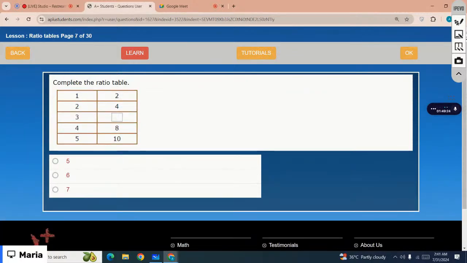Okay, complete the ratio table. So which value is missing? Yes, 6 it is.